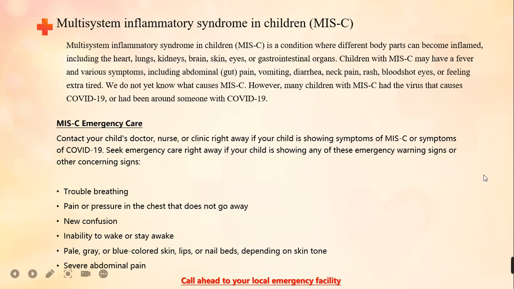Most of the children right now have gone to the pediatrician, and their parents were telling that they have fever or some coughing, nausea, vomiting, even diarrhea, neck pain, rashes along the body, in the neck, in the back, then abdominal pain.